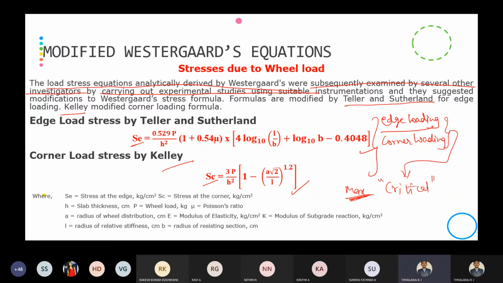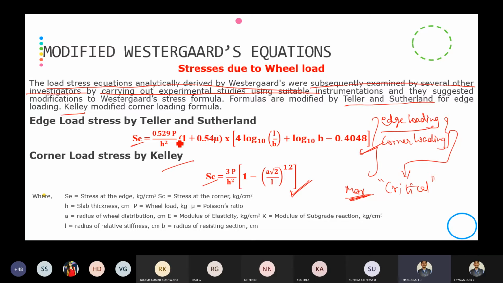Nowadays, these equations of Teller and Sutherland and Kelly are used for determining the wheel load stresses in cement concrete pavement.